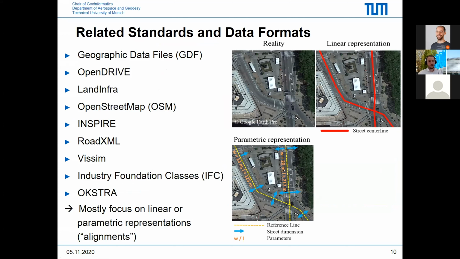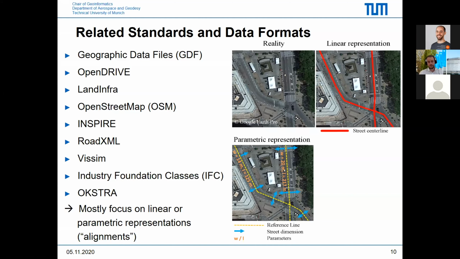For example, Geographic Data Files, GDF, is a format commonly used in navigation. OpenDrive is a format very commonly used by different automobile manufacturers, Audi, BMW, and so on use this format. OpenStreetMap can be used for representing street objects. And there are other less common or less known formats, for example RoadXML, which is quite similar to OpenDrive.